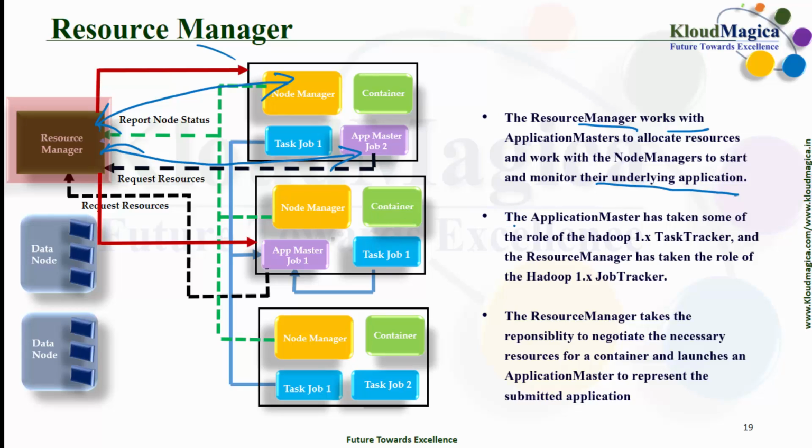We can say that application master has taken some of the role of the Hadoop 1.x task tracker and the resource manager has taken the role of the Hadoop 1.x job tracker.